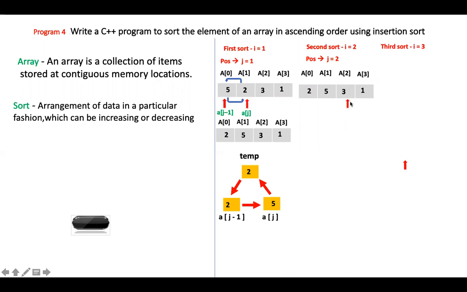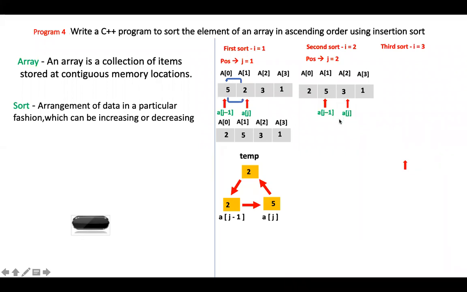Now I'll call this a of j, and before that element, before 3, you have 5, which is at a of 1. So a of j is the second location and a of j minus 1 will be the first location. So now you have to compare these two.